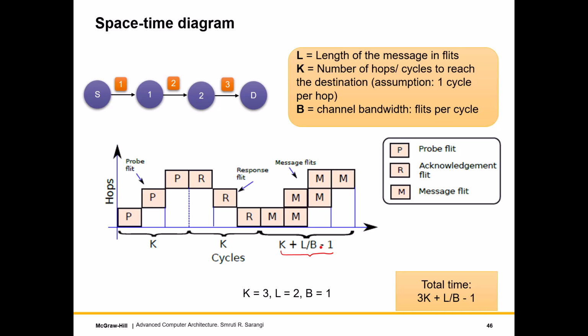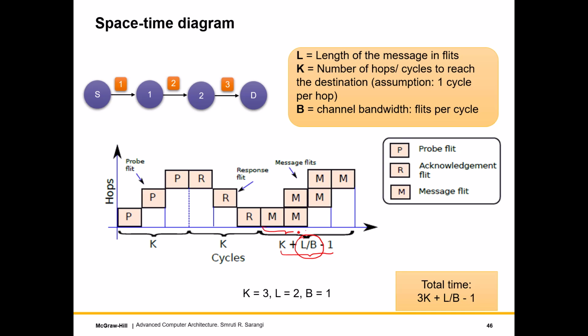The key idea is that if L is the length of the message in flits and B is the number of flits per cycle, the total number of cycles it will take to send all the flits of the message along the first hop is going to be L by B, which is what you see over here.